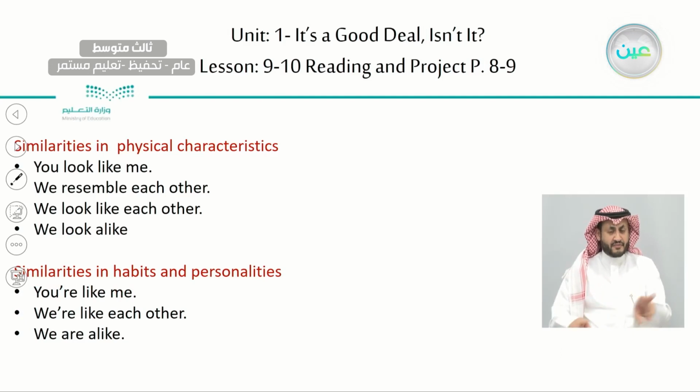For example, if your sister says, I hate sushi, you're like me. So you have the same things you like and you don't like. We are like each other. This is an expression you use. We are alike. These are some phrases we use when we describe physical appearance and personality.